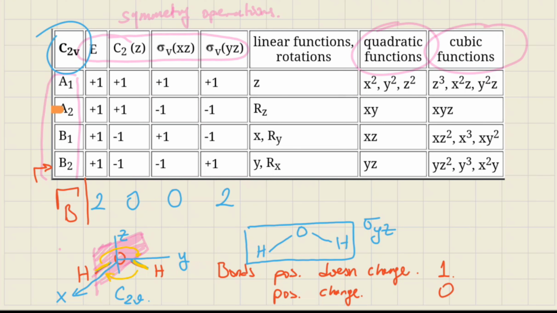If you look carefully, this thing, Γ(R_B), equals A1 plus B2.